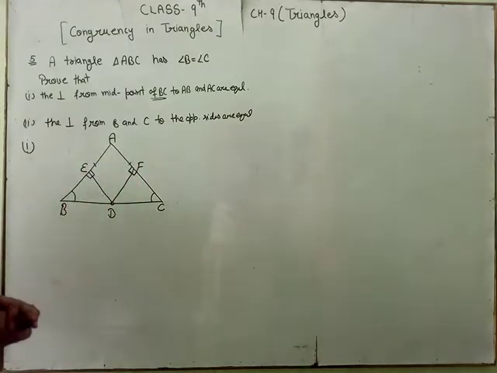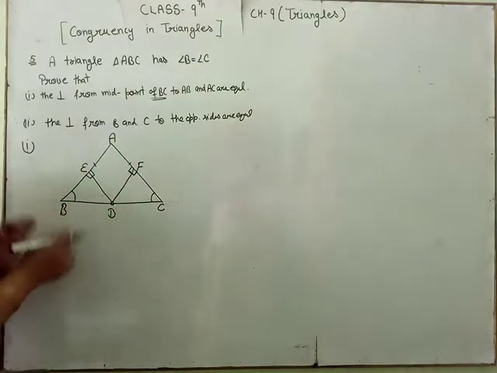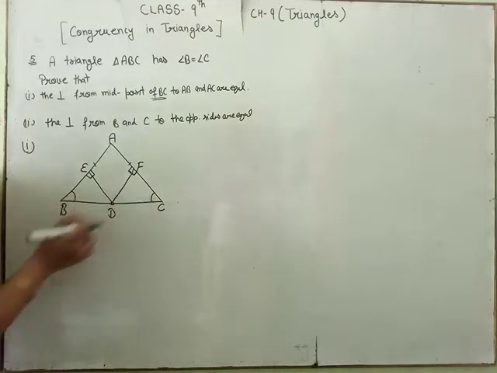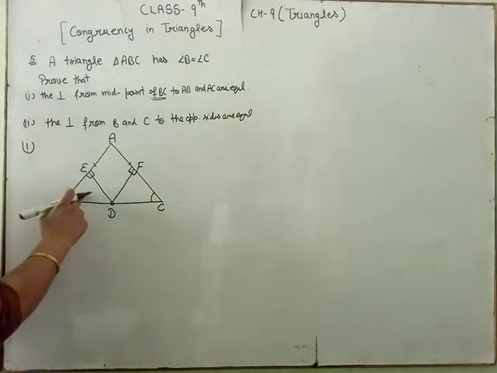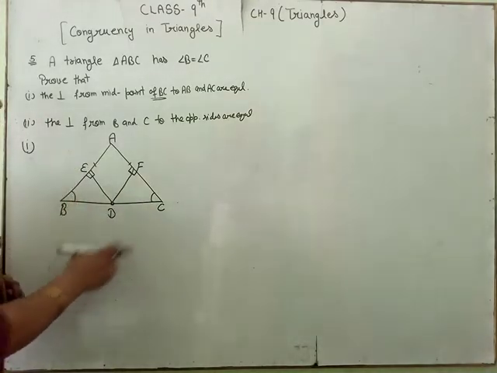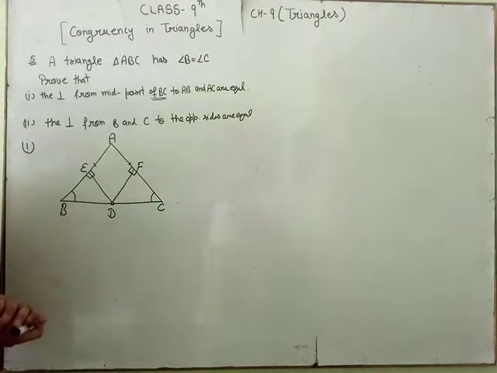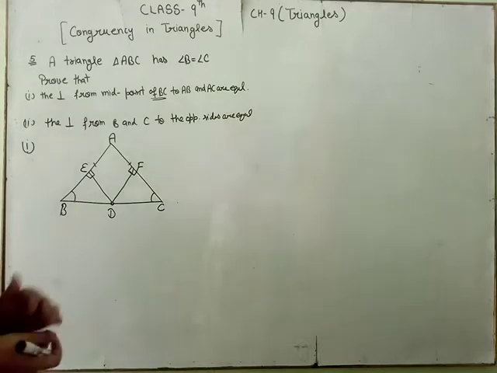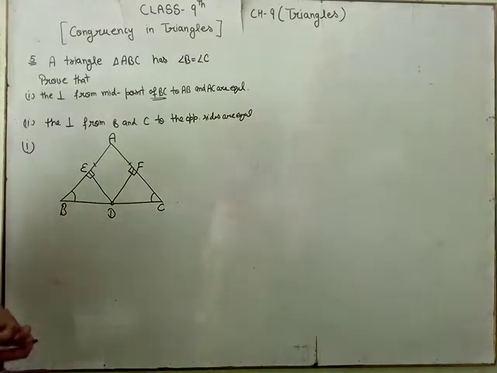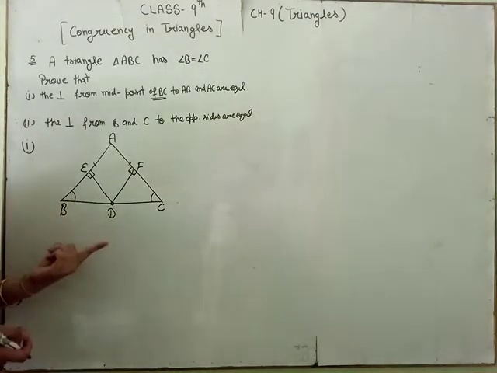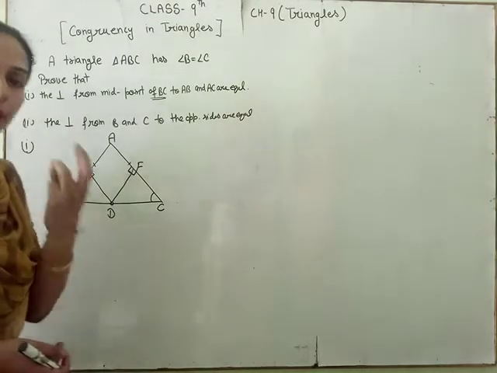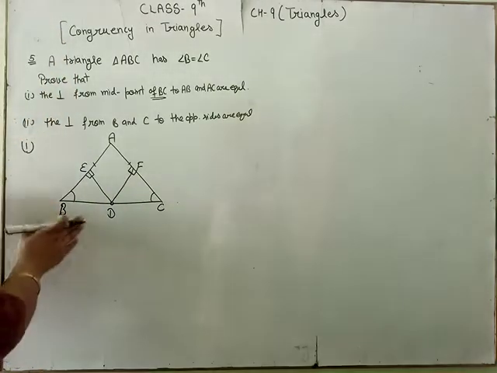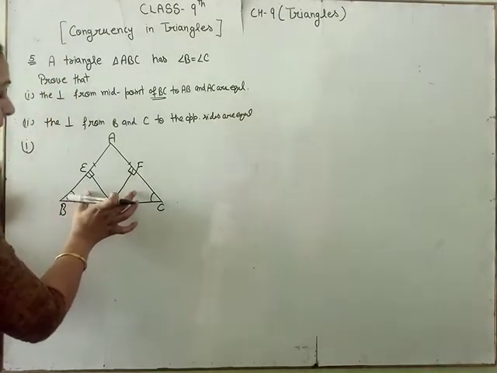Okay, student, according to this, we have two triangles, triangle BDE and triangle CDF. If we show these two triangles are congruent, then our work is complete. Okay, for congruent triangles, we have to show three conditions. We take these two triangles.